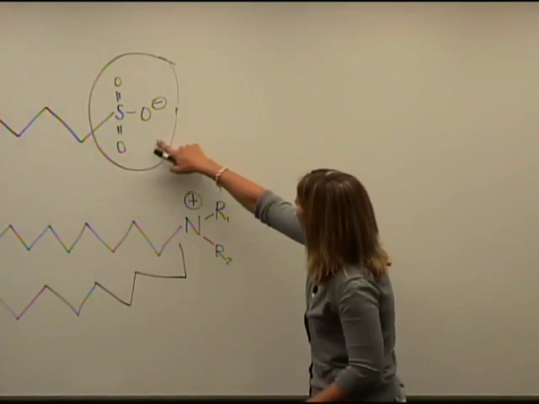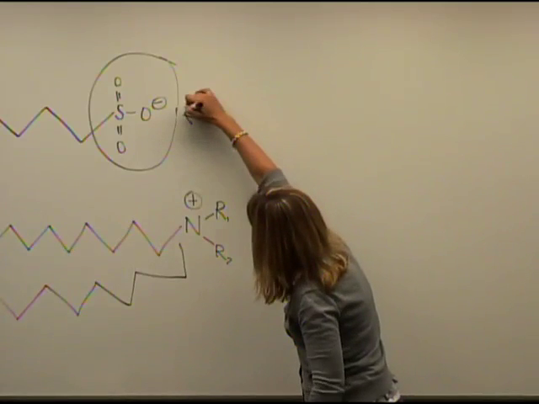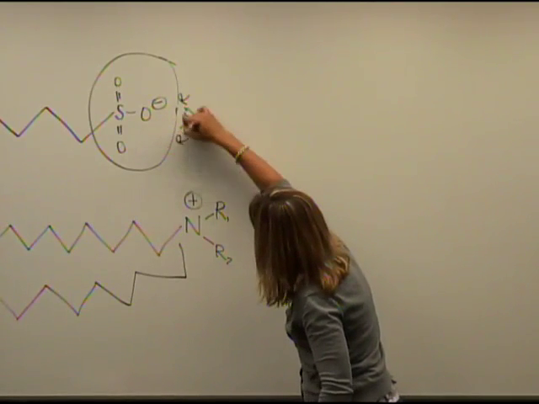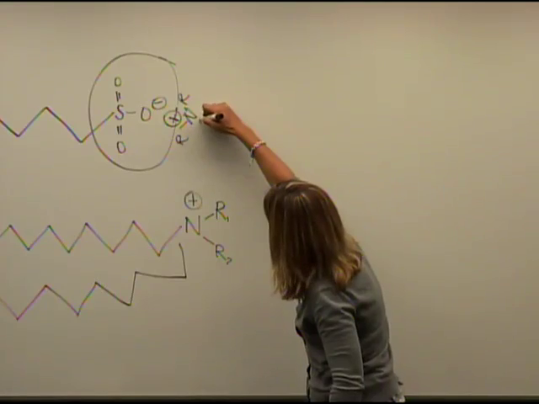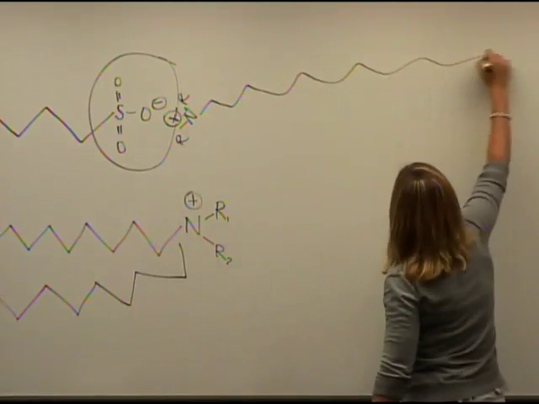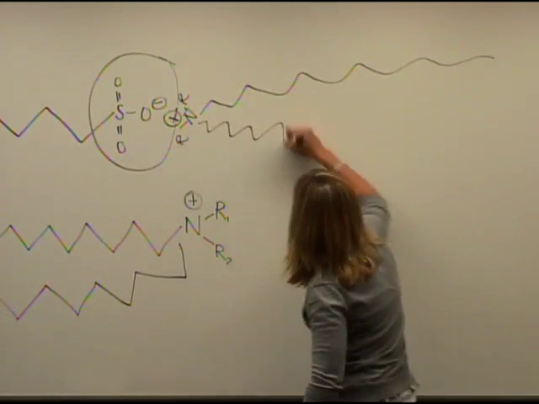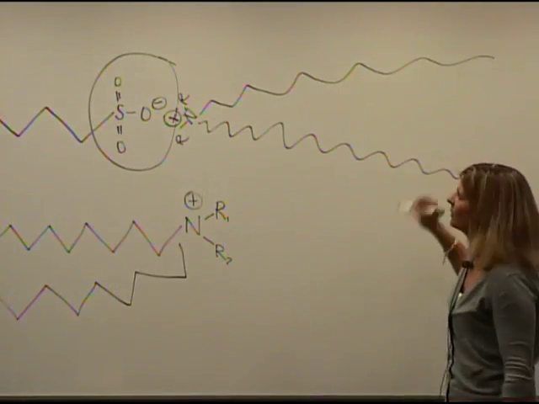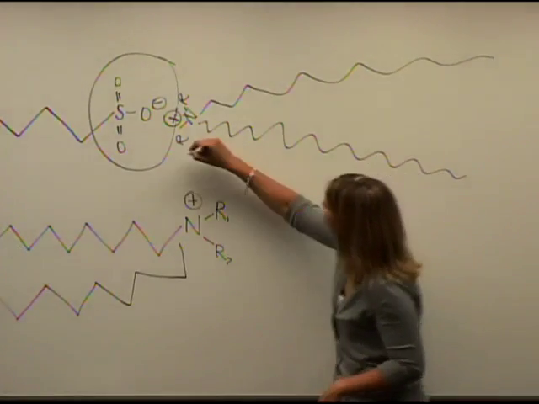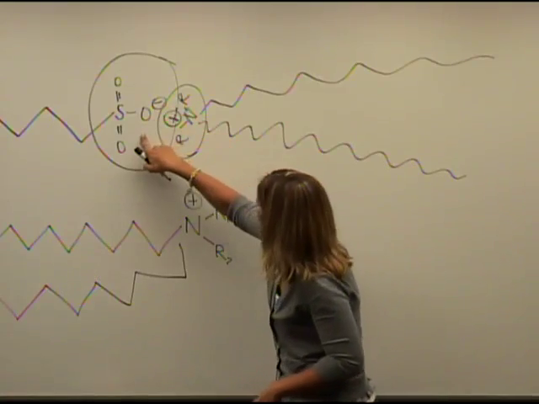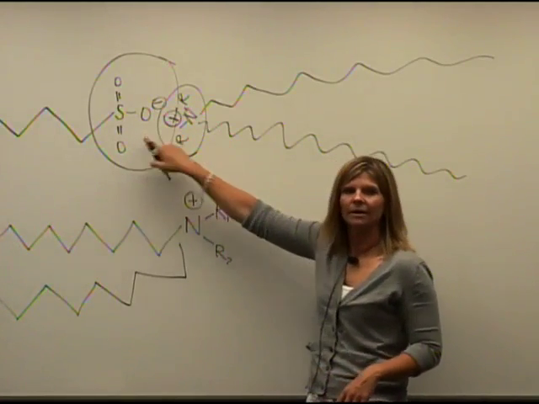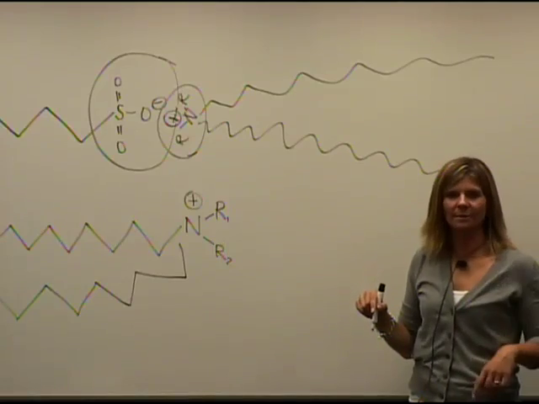So let's say that this interacts with the positive end of the Downy with its long hydrocarbon tail, and I'm not going to count all of those carbons out because it's really not important. So this positive end reacts with the negative end, and they form a precipitate.